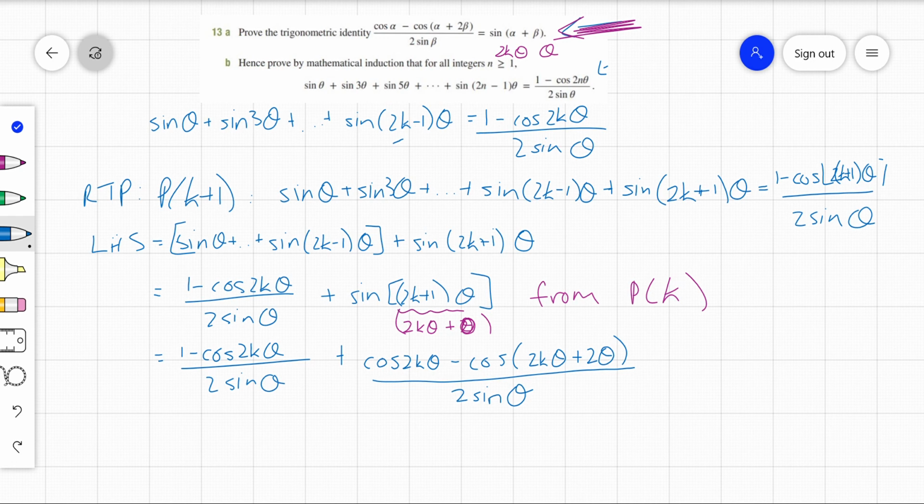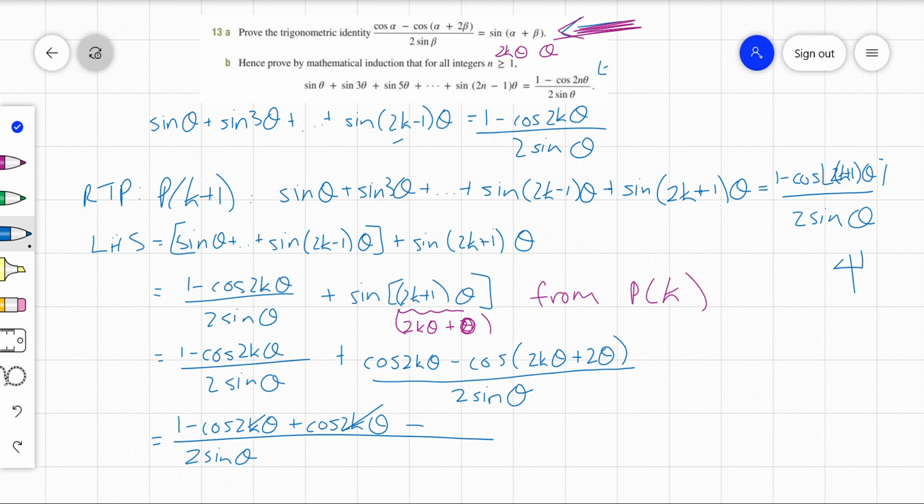All right, so now it looks good because remember this is what we're aiming for, and we've now got a common denominator of 2 sine theta, very handy. And we've got 1 minus cos 2k theta from the first fraction. The second one we've got plus cos 2k theta. So those 2k thetas, you think about it, they're going to cancel.